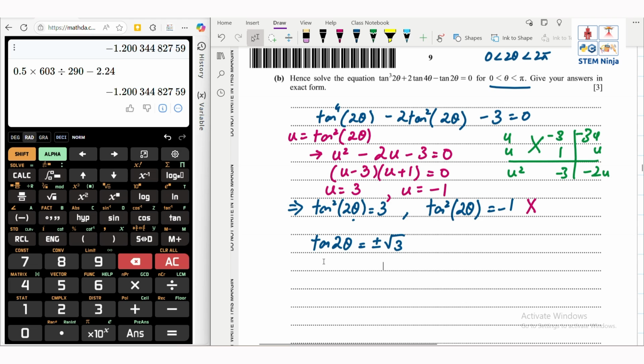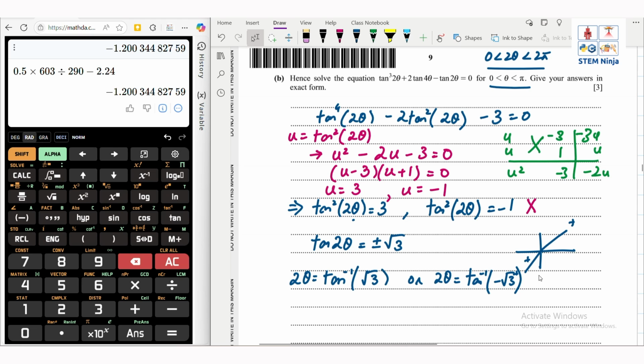So that means we need to look from 0 to 2 pi first. Tan is positive in the first and the third quadrant. So 2 theta would be tan inverse of root 3, or 2 theta would be equal to tan inverse of negative root 3.